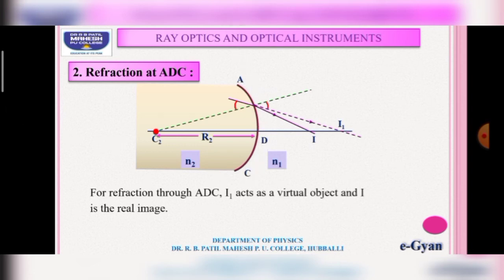And here V is equal to DI and U is equal to DI1, and R2 is equal to minus DC. Substitute these values.